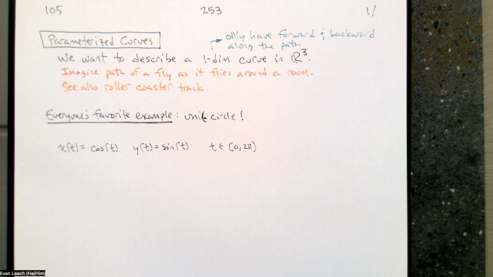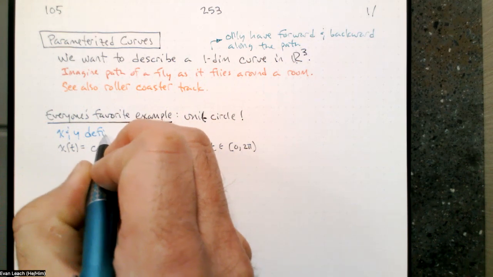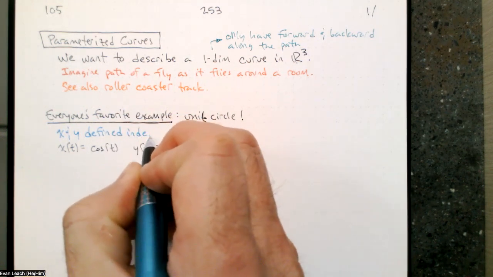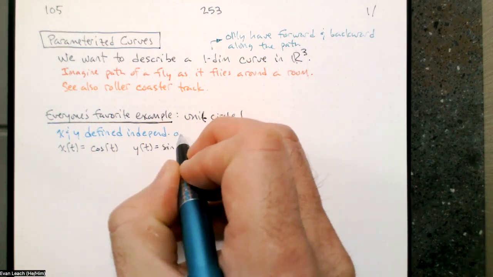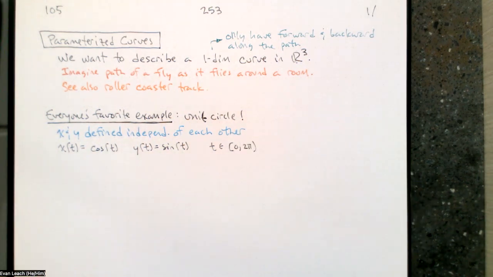So the idea here is that x and y are defined independently of each other and instead written as functions of some parameter that sits outside of our coordinate system.